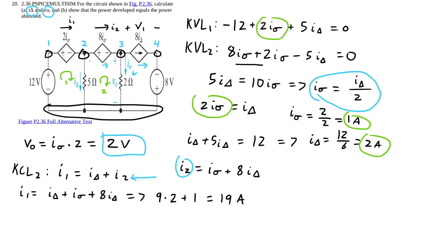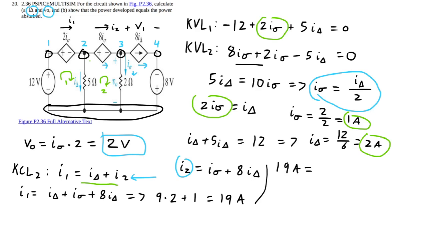And that means we can calculate the I2 pretty easily. Because if we know I1, and I1 is known to be 19 amps, let's go back to our original KCL. So we want to calculate I2 now, which is as labeled before.